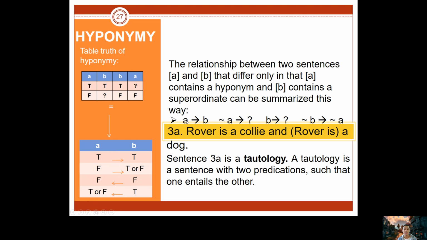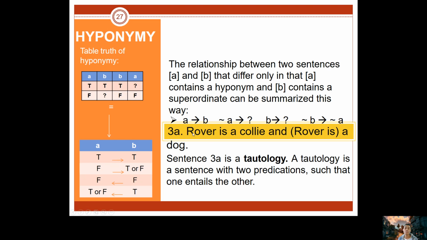The truth of A means the truth of B. The falsity of A can be true or false. And the falsity of B means the falsity of A.